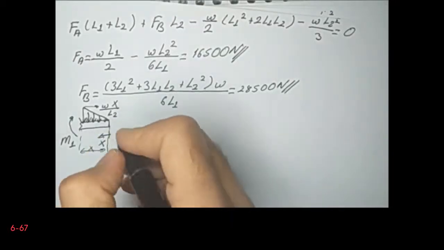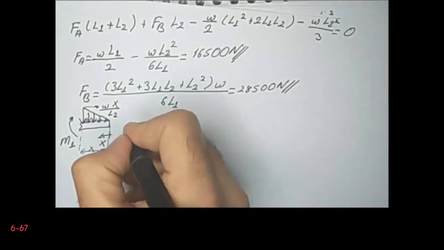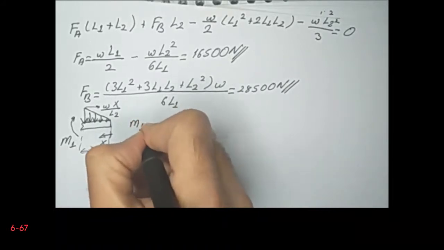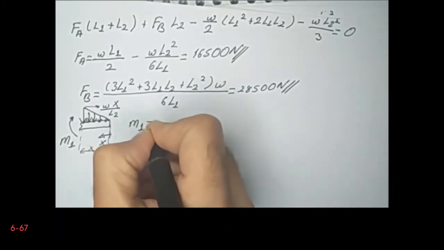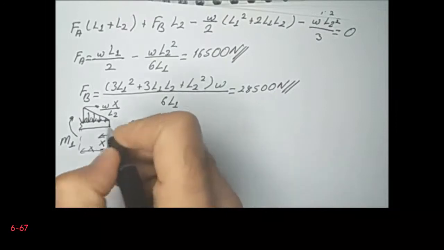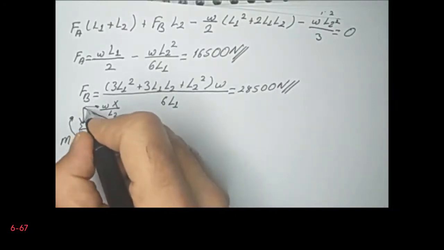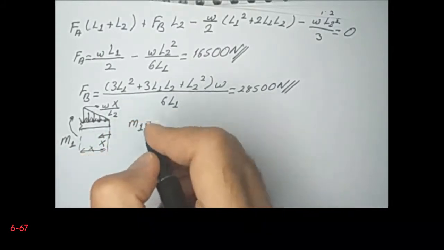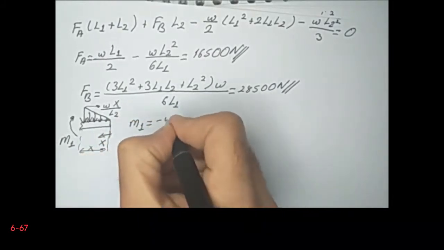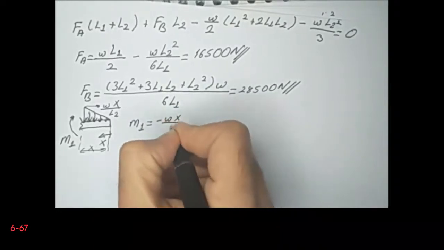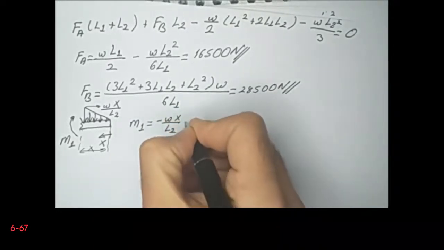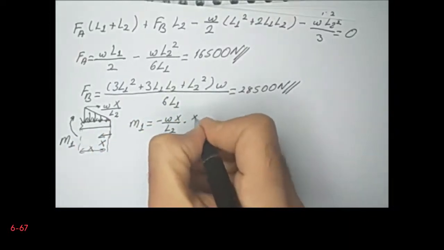Now from here you can find the M1. M1 is equal to, here the resultant force is W x divided by L2 multiplied by X divided by 2.